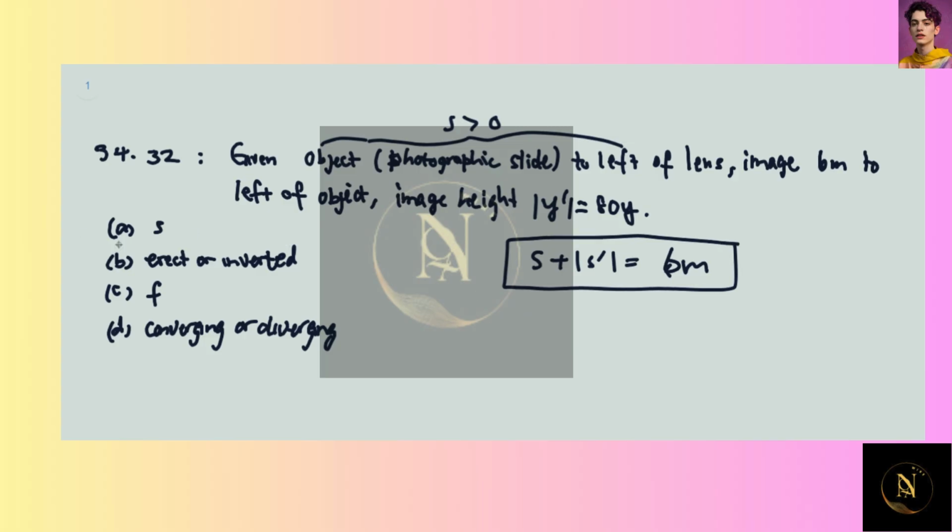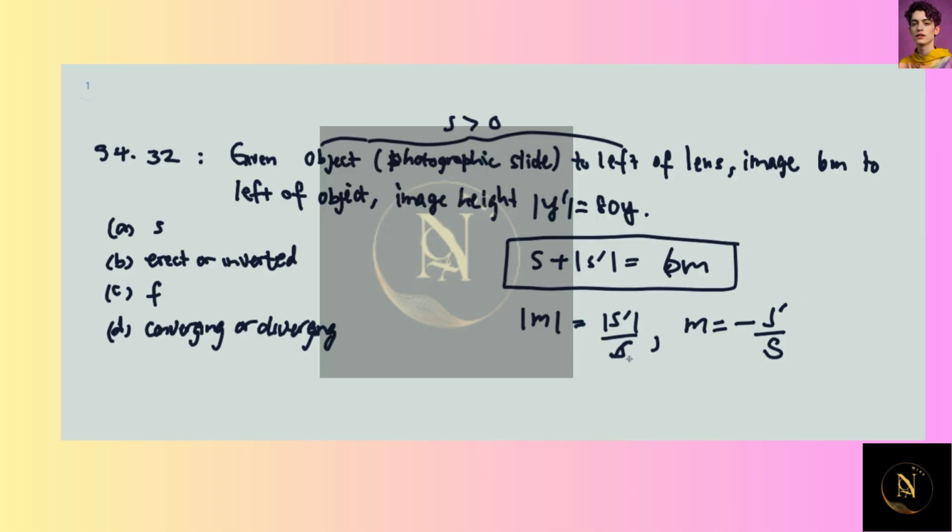And the way to solve part A, to find the object distance, we'll use this equation. And additionally, we'll use the equation for the magnification, which is S prime over S. I got this equation from equation 34.17, where M is equal to minus S prime over S. And I just took the absolute value, so the minus sign goes away.